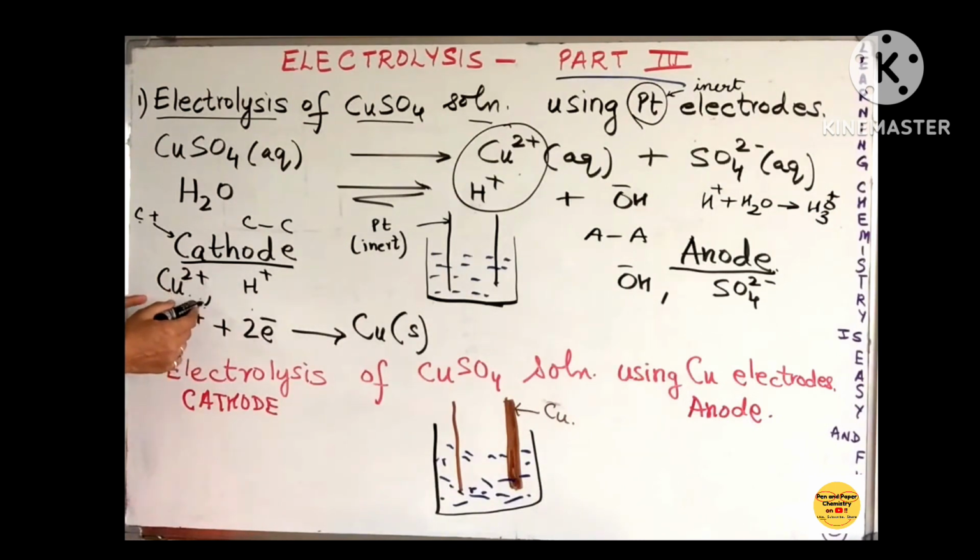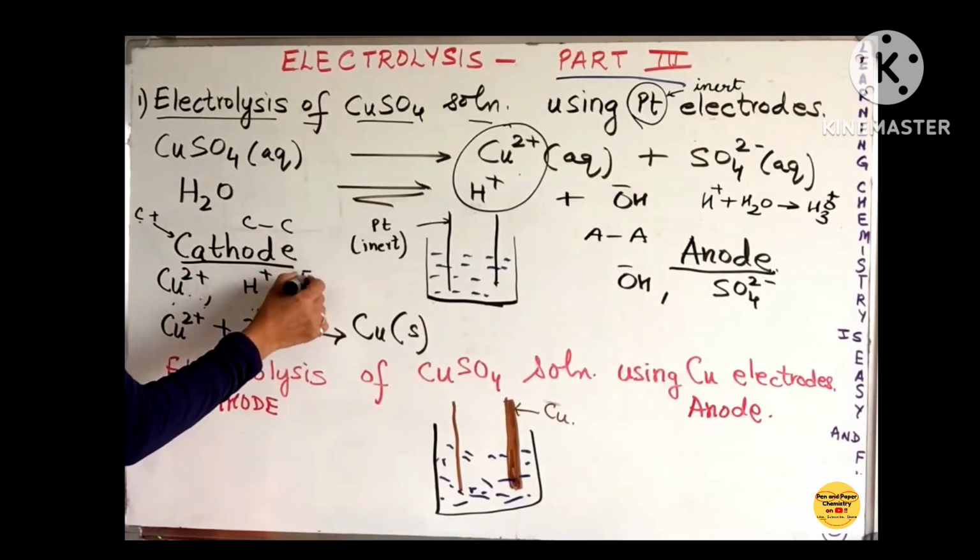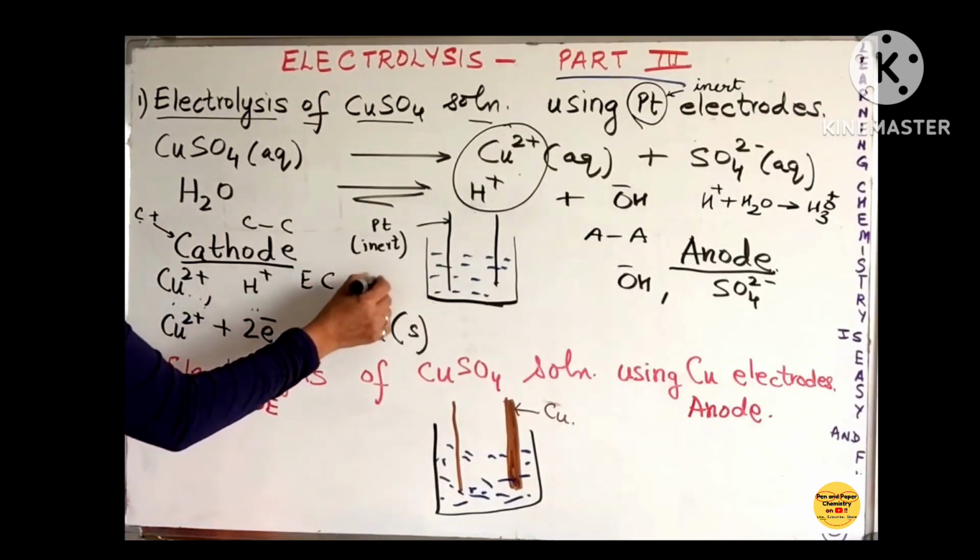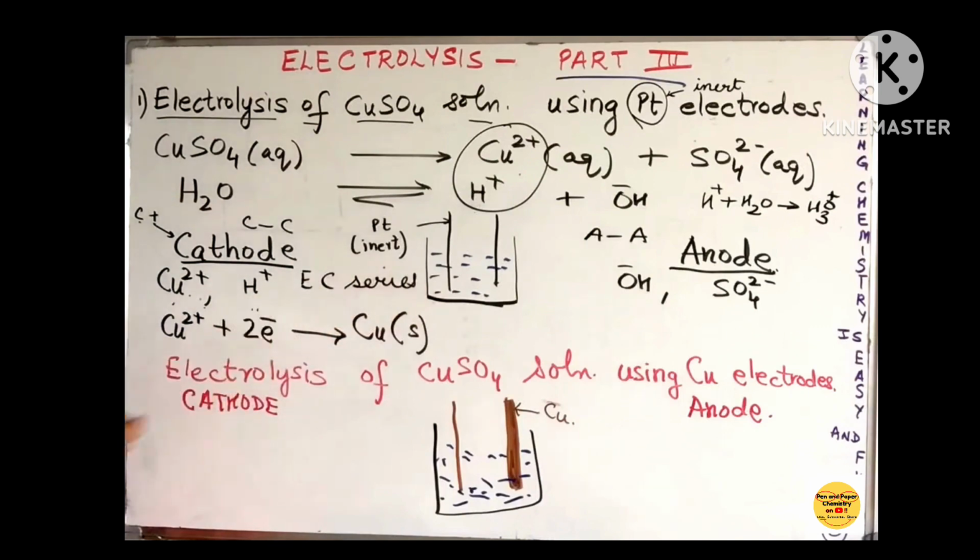So what decides whether both of them or only one of them gets ionized? It is the position in the electrochemical series. So there is a whole series listed out for them. Okay, you are going to follow this particular rule.